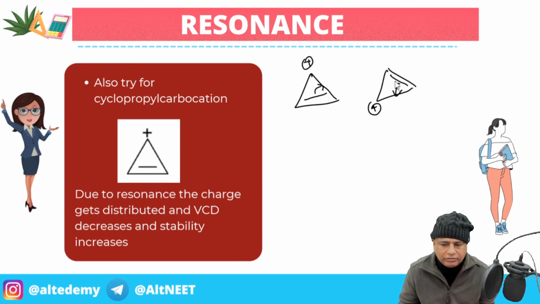No, I'm sorry, make this electron go to this place. So again, we can form like this. The positive charge will be coming to this place and the double bond will be coming to this place. These are the resonating structures of cyclopropyl carbocation. Due to resonance, the charge gets distributed, the volume charge density decreases, and stability increases.